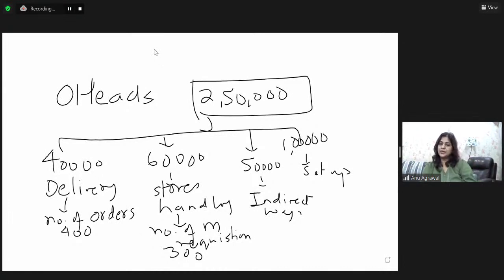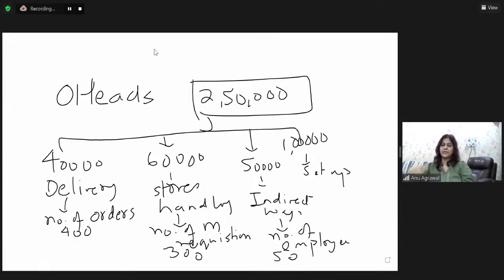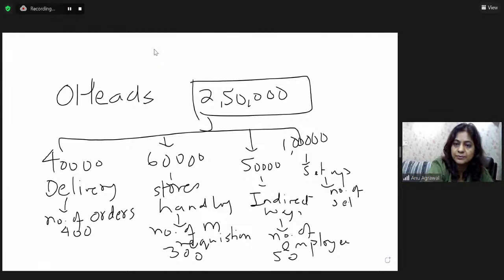Then we went into the next expenditure and found out that this 50,000 was because of indirect wages. Indirect wages will depend upon the number of hours, or upon the number of employees. And we realize that the total number of employees is 50. And of course, setup expenditure depends upon the number of times we set up a machine. So this depends upon the number of setups.